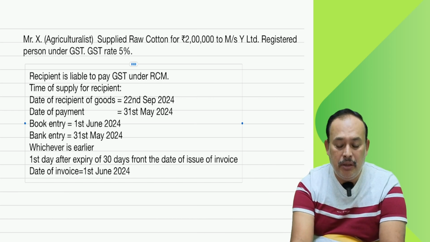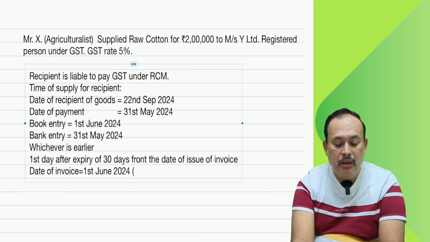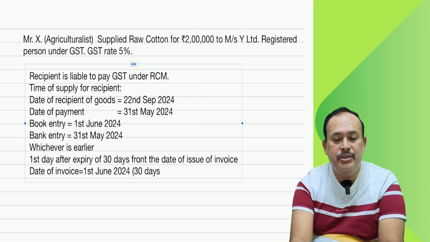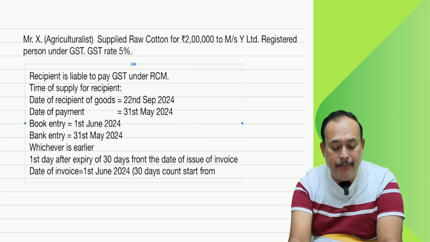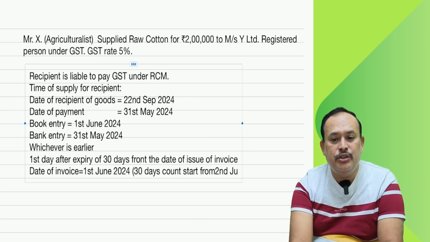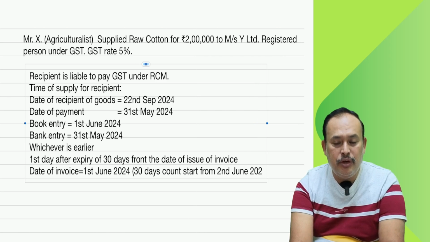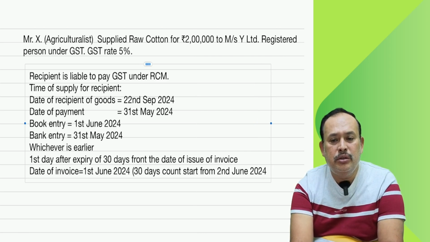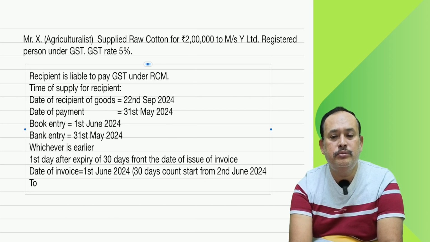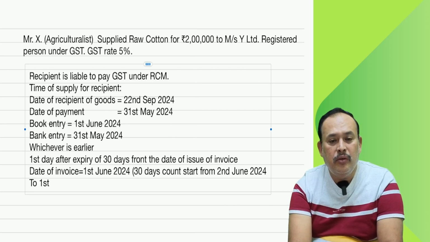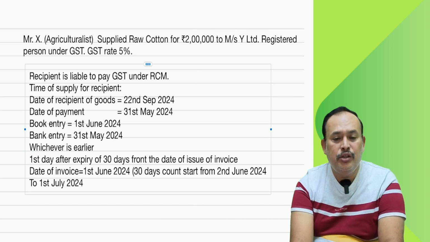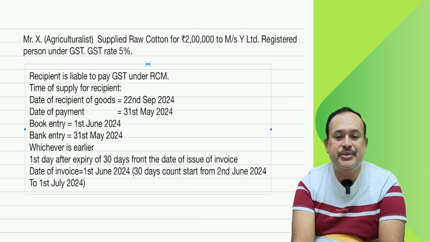So 30 days count starts from the next day, 2nd June 2024, to 1st July 2024. That is 30 days.